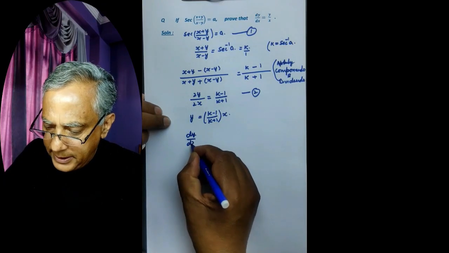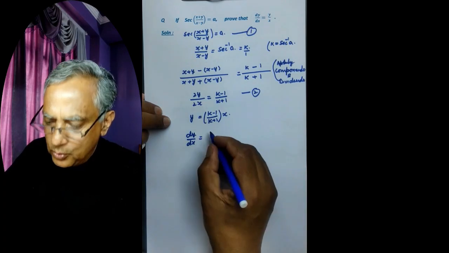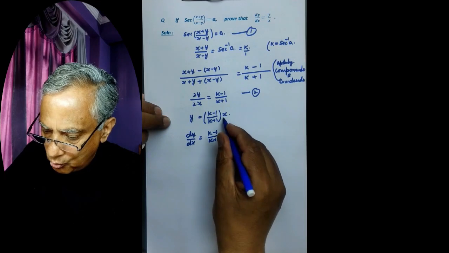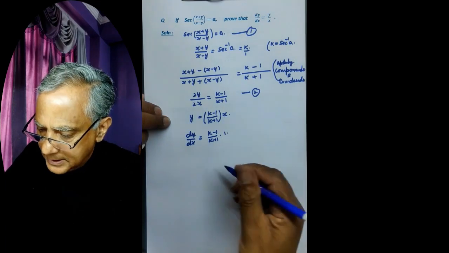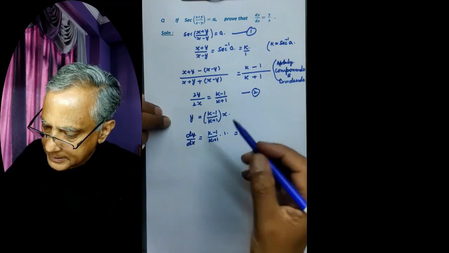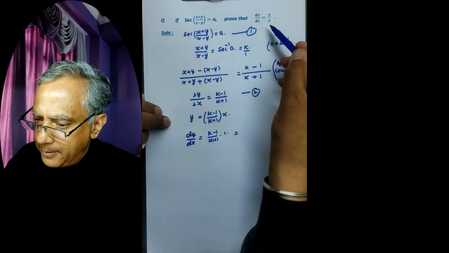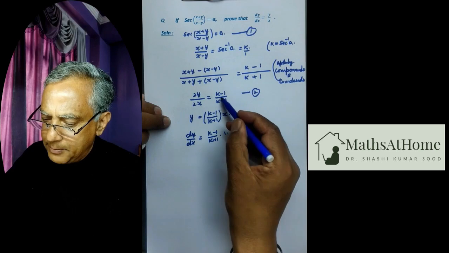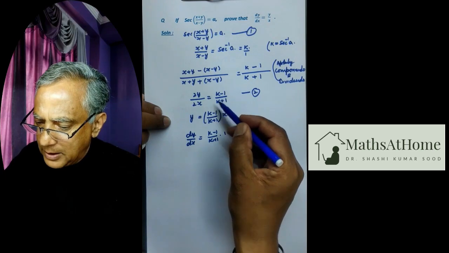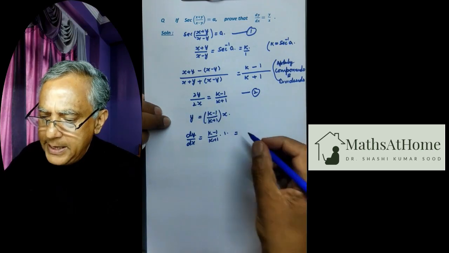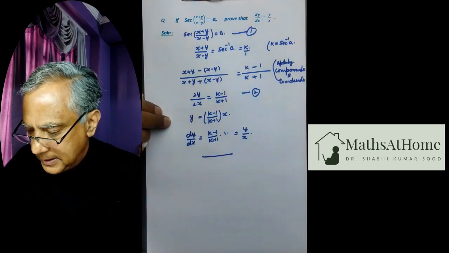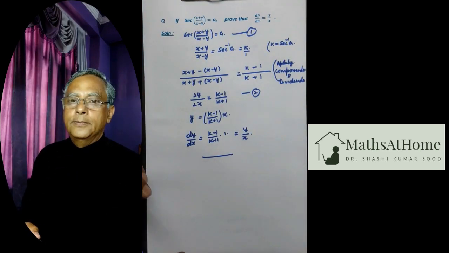We get dy by dx is equal to k minus 1 over k plus 1 into d by dx of x, which is 1. We have to prove that dy by dx is y by x. So we get dy by dx equal to k minus 1 over k plus 1. But k minus 1 over k plus 1 from this equation is y by x. So we get y by x. Hence proved.